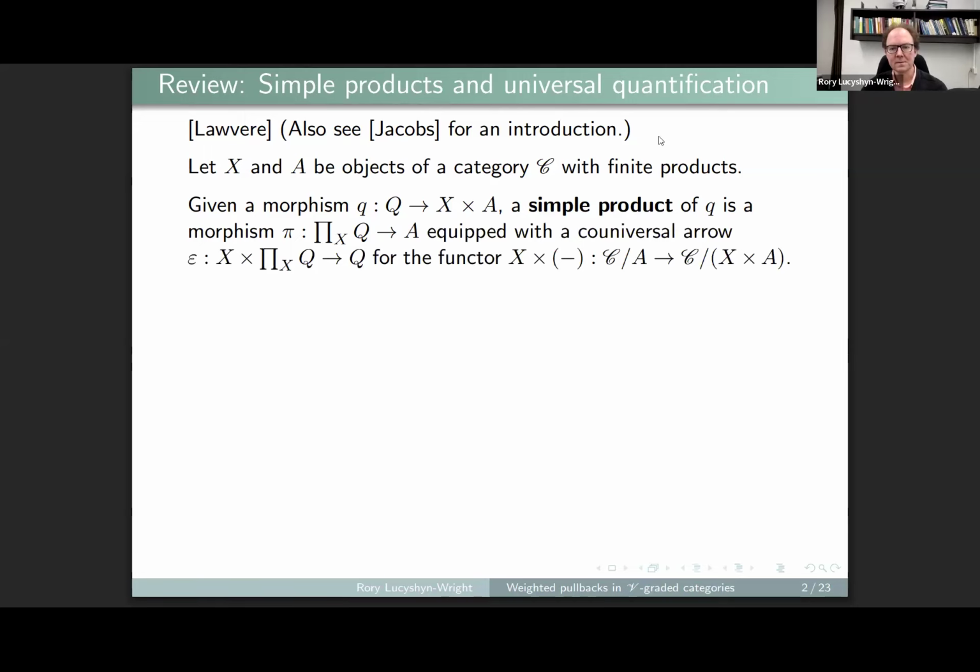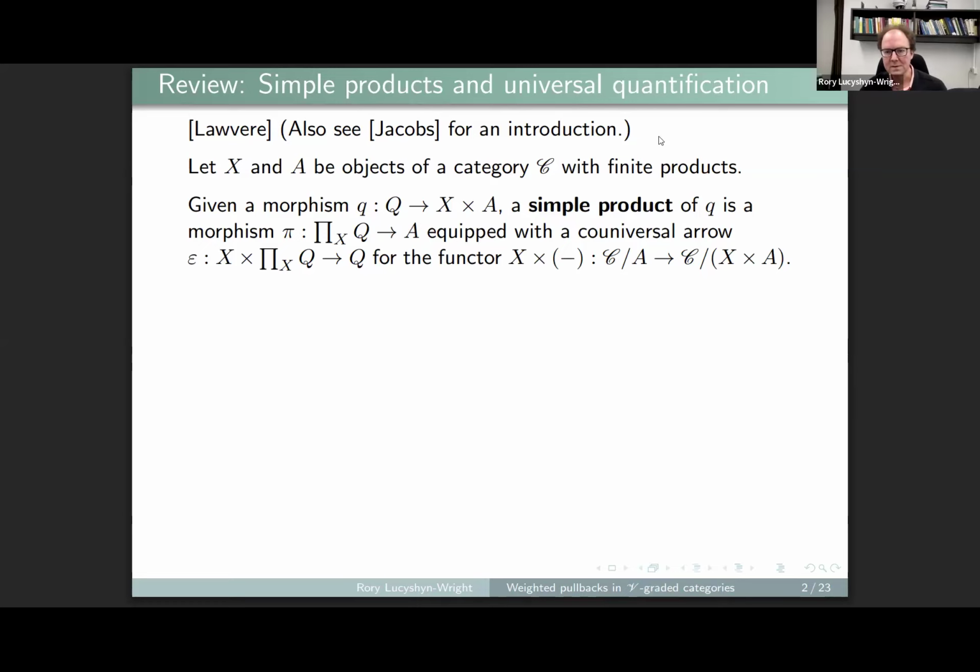And this morphism is required to be equipped with a co-universal arrow in a certain sense. So to understand this, we'll regard Pi_X of Q as an object over A. So an object of the slice category over A. And as such, we want to equip it with the structure of a co-universal arrow, epsilon, going from X times Pi_X of Q to Q, co-universal arrow for the following functor.